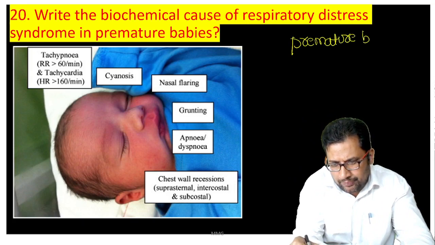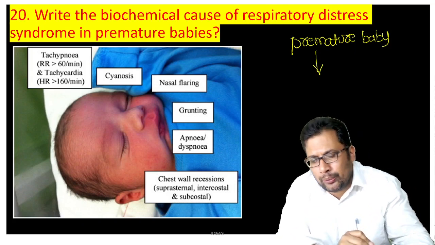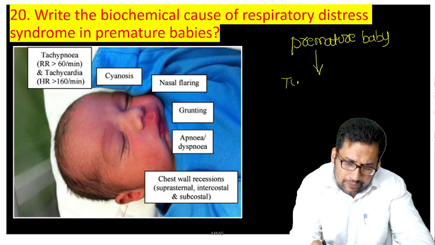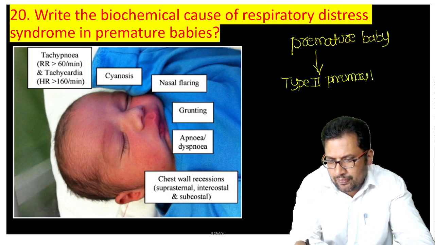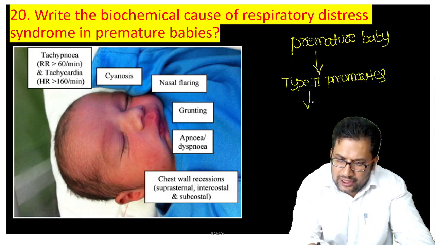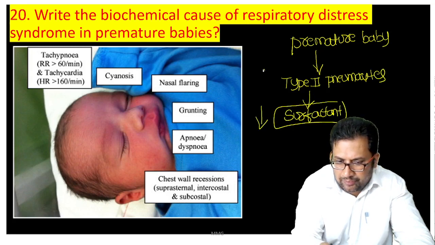There is no maturation of type 2 pneumocytes. What is the function of type 2 pneumocytes? The function of type 2 pneumocytes is synthesis of surfactant. So there is no surfactant.